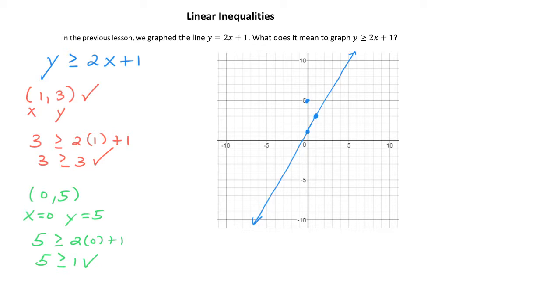It'll turn out that once you choose a point on one side of your line and it makes this inequality true, every point over here has to work. So I'm just going to try this with one other point. How about (-6, 2)? Does that point work? So let's see.